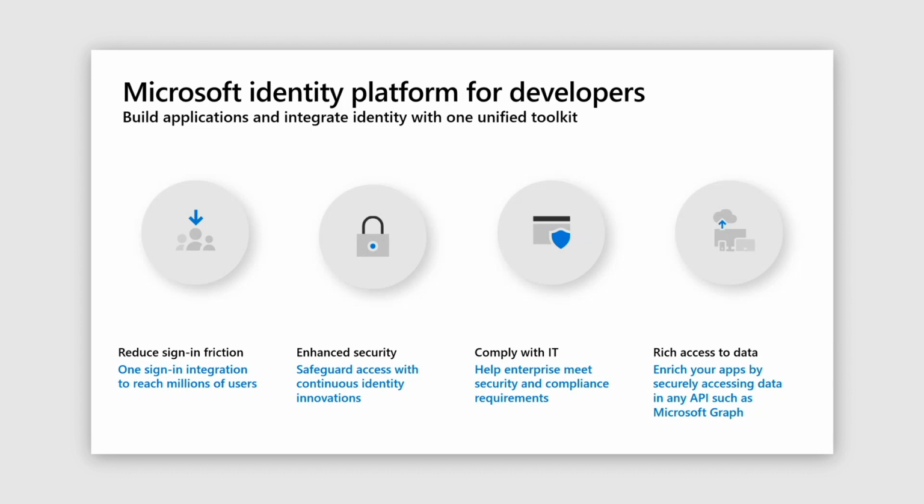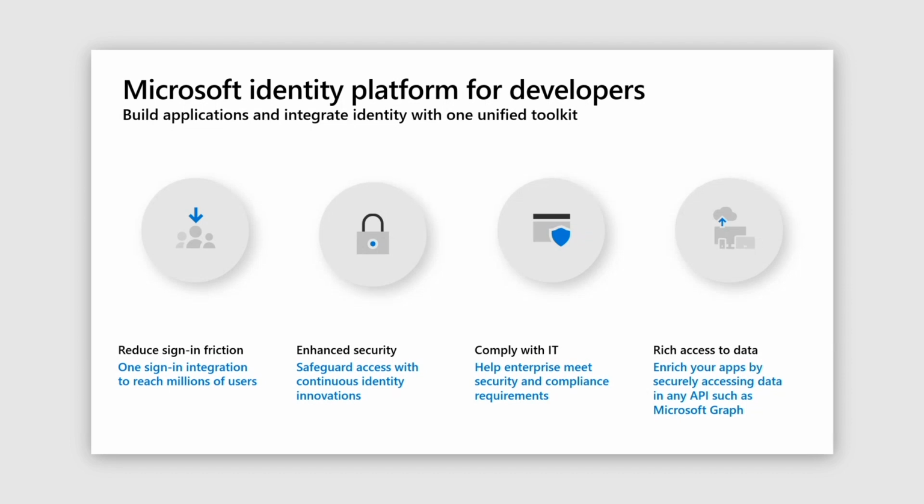Third, your app will be easy to manage by IT and comply with IT policy. And fourth, you'll be able to access data securely, calling your own API or APIs such as Microsoft Graph. To summarize, by using the Microsoft Identity Platform, you'll save time, reach lots of users, and your app will be future-proof, getting all the latest innovation in identity.